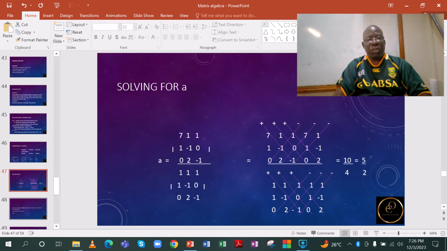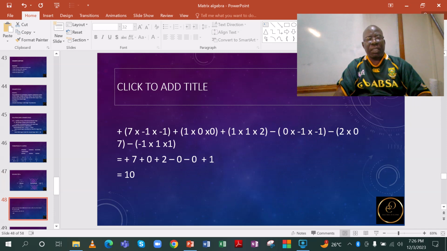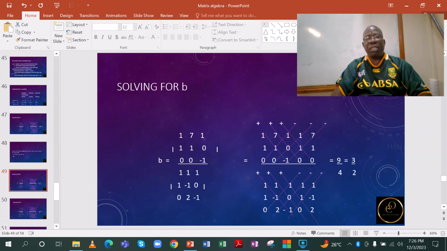Okay, now look at how we solve for B in a similar manner. For B, the column will be the middle one, the second column, which you are going to replace with the solution matrix 7 1 0.